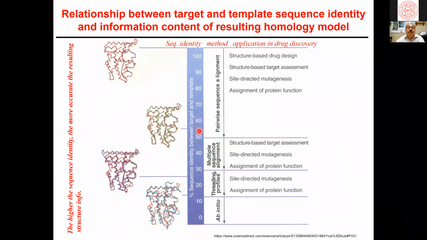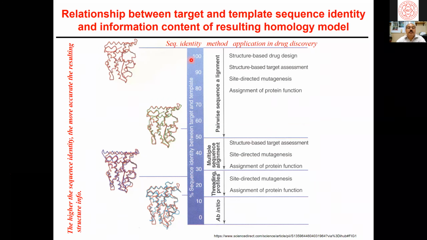As you go further ahead, with sequence identity between template and target of maybe 30% and more, then you use pairwise sequence alignment or multiple sequence alignment, and you get a better quality of model. Between these, at about 50%, if you superimpose the target and the template, you can see a very good fold prediction, and it overlaps pretty well.